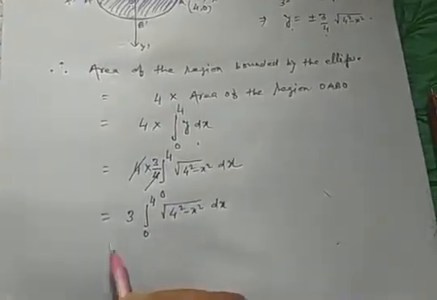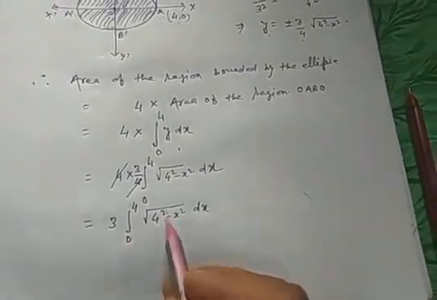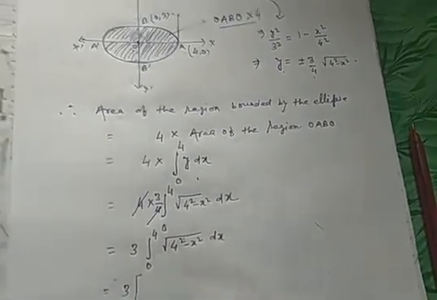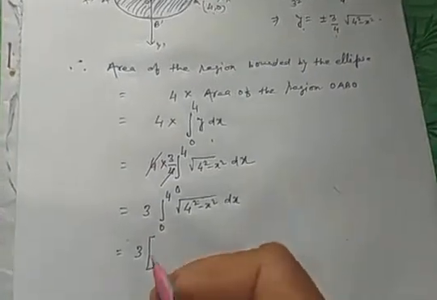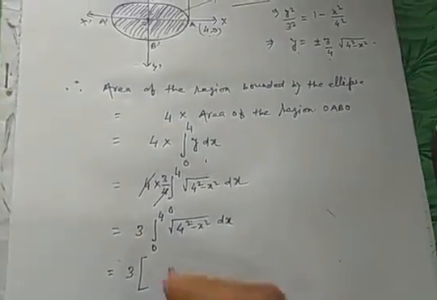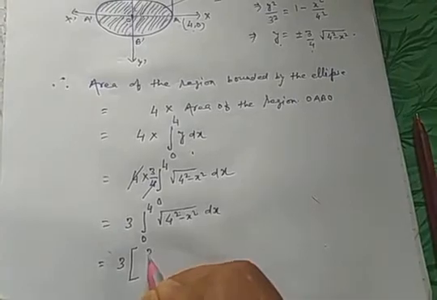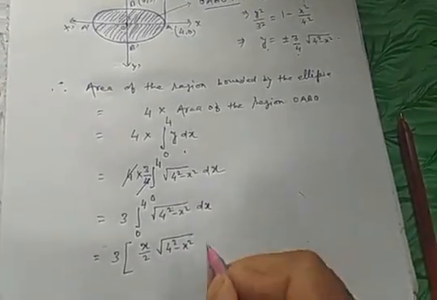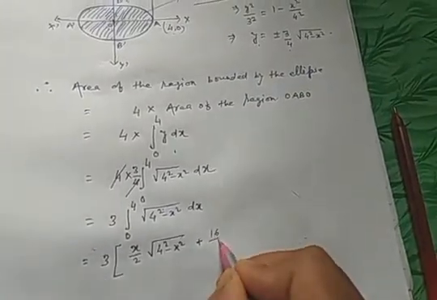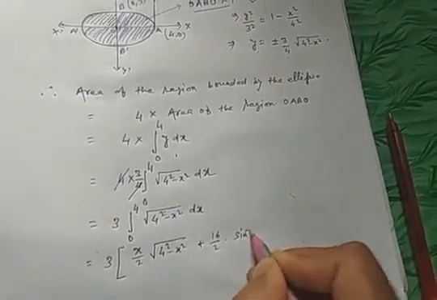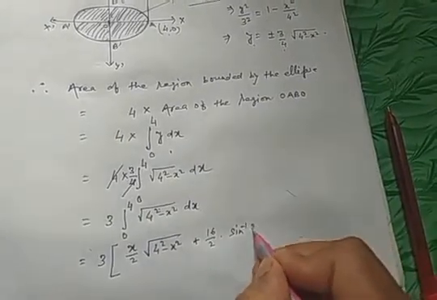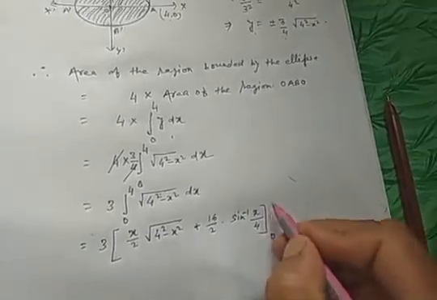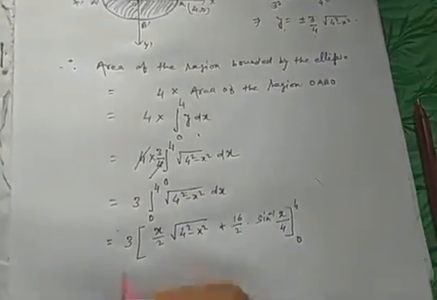Students, we know that the integration of under root a square minus x square is x by 2 into under root a square minus x square plus a square by 2 into sine inverse x by a. So here it will be 3 into x by 2 into under root 4 square minus x square plus 16 by 2 into sine inverse x by 4, from 0 to 4.